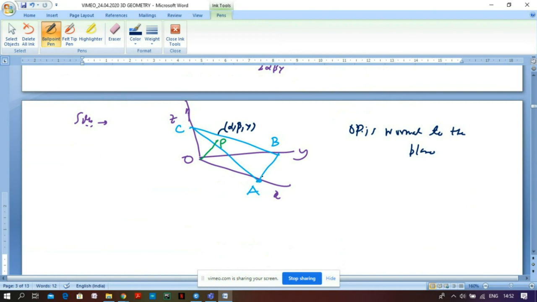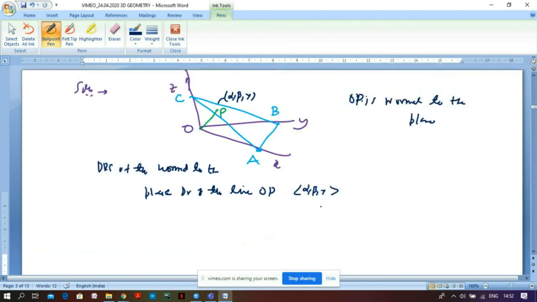So this is a plane passing through alpha, beta, gamma, and normal to OP. So the direction ratios, DRs, of the normal to the plane is just the DRs of the line OP, and that is alpha, beta, gamma. So now the equation of the plane is alpha x plus beta y plus gamma z.